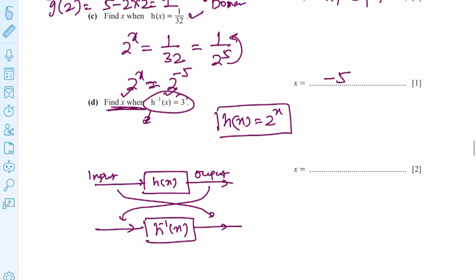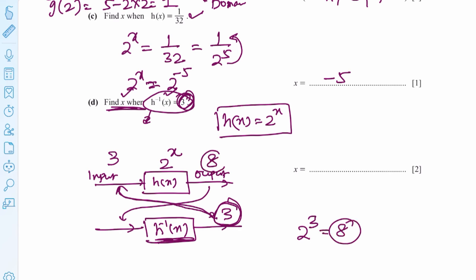So what I'm trying to say is, in h inverse of x, this is the output value, which is given as 3. Now the question is, find the value of x. If this is the output value here, then this will be the input of h of x. That means this will be 3, and h of x is 2 power x. Now 2 power 3 equals 8.